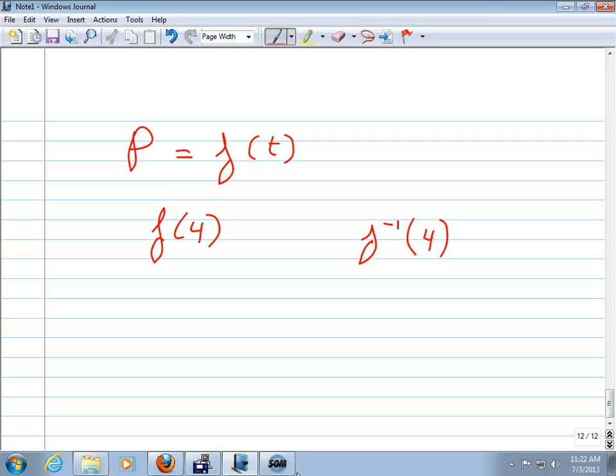Though be careful, when you see this notation, 2 to the negative 1, that does mean the reciprocal of 2 in arithmetic. They're using the same symbol for functional inverse, not multiplicative inverse. It's different. Be careful, that is confusing, I know. But when you attach this to a function, talking about the functional inverse, that's different.